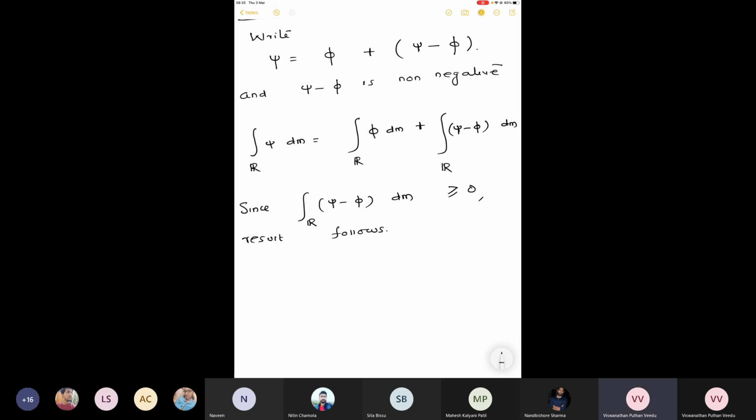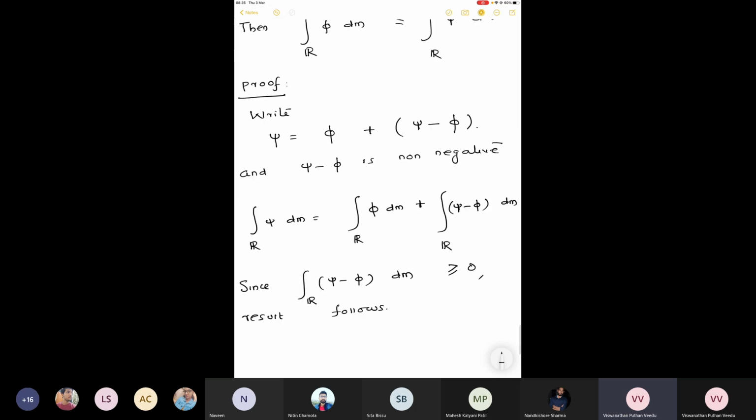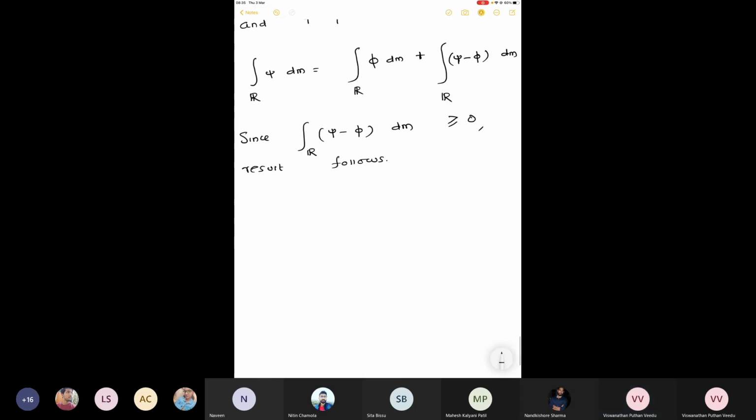Now one more corollary, which is actually a nice corollary. So far we have integrated non-negative simple functions. And to write the integral, we want our non-negative simple function to be in canonical form, or in a form where the sets involved are disjoint.